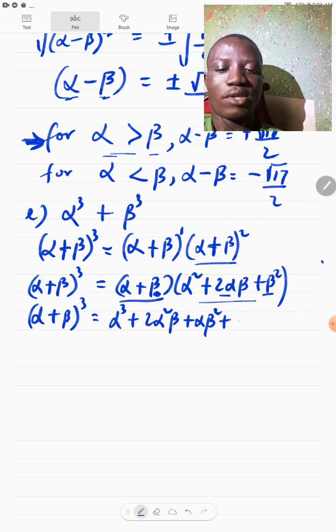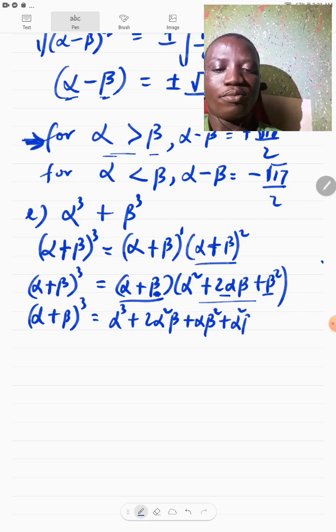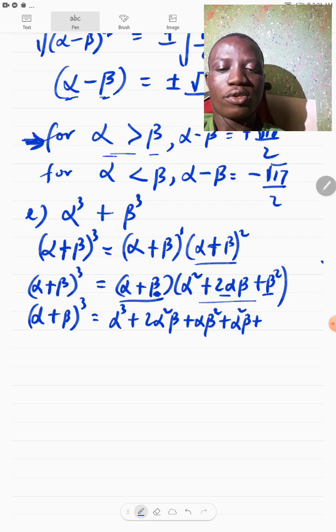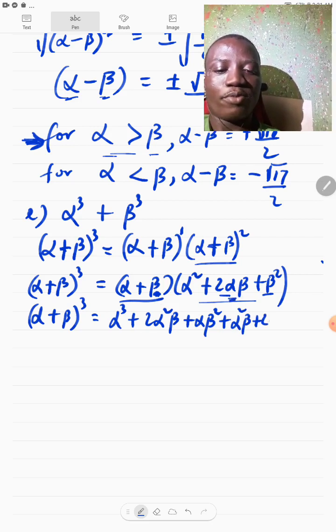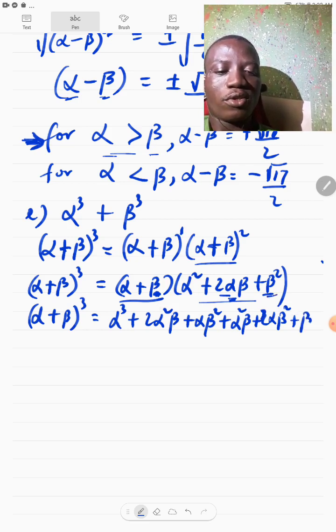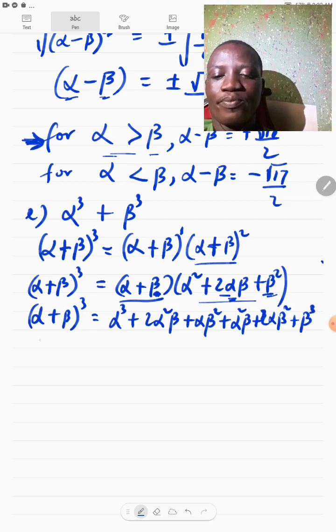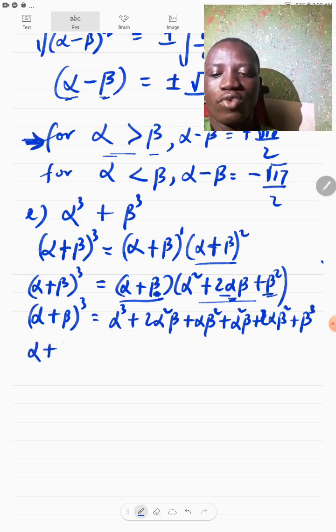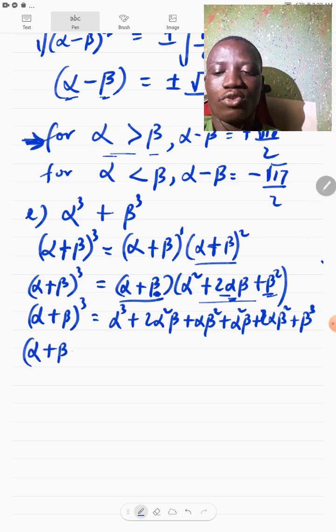Beta times alpha square, beta, plus beta times 2 alpha beta, that will be plus 2 alpha beta square, and then beta times beta, that will be plus beta cube. Okay, so we can see that our beta cube and alpha cube has come out. So let's just bring the like terms together.